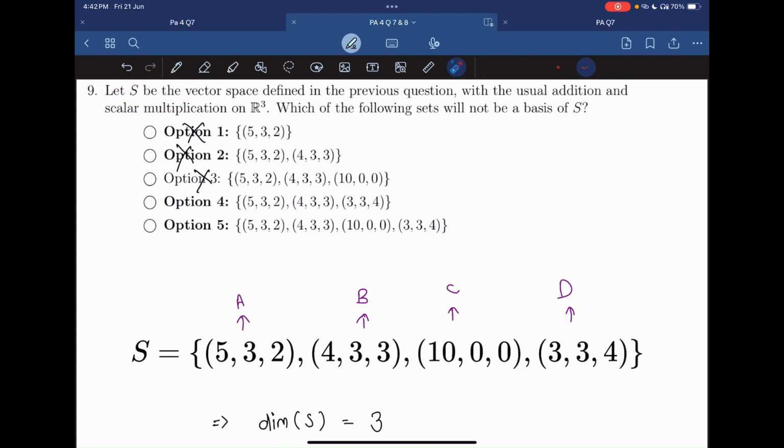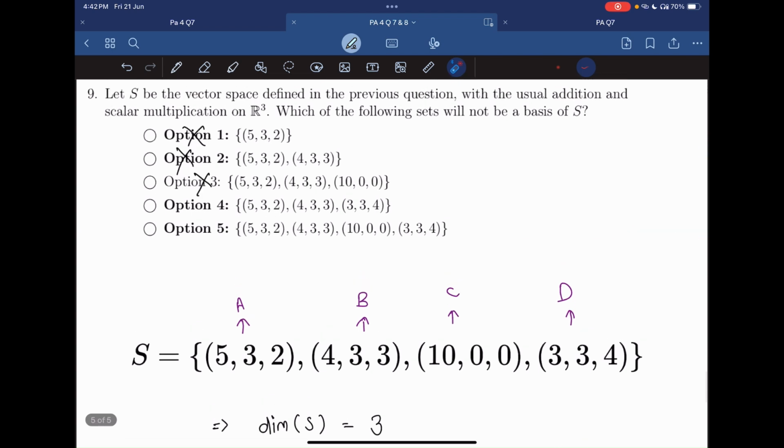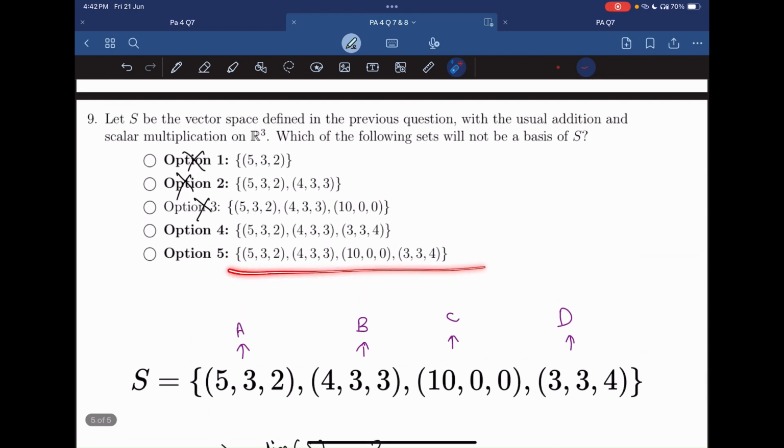So for the basis, they must contain exactly 3 vectors, not more, not less. And option 5 is also wrong, as there are 4 vectors in R3. So clearly they can never be a linearly independent set, and a basis has to be a linearly independent set. So option 5 is also wrong.